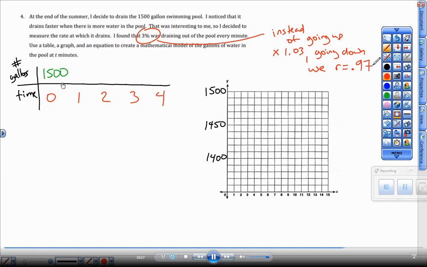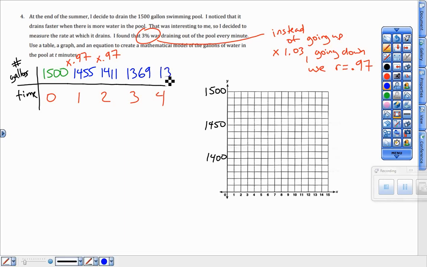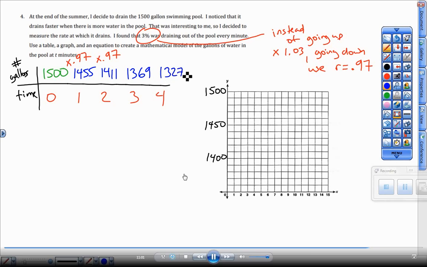So 1500 times 0.97 will make this go down a little bit, which goes down to 1455, times 0.97 again goes down to 1411, and then that times 0.97 again, using the recursive pattern, keep timesing, gives me 1369, and that times one more 0.97 gives me 1327.